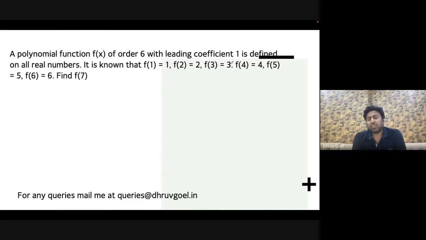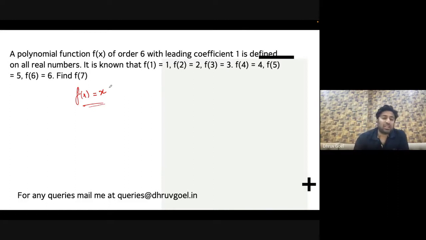Here I can see whatever value of variable I'm putting in, that is what my f(x) is coming out to be. Yes or no? If I say so, I'm getting f(x) equal to x. It doesn't mean that f of 7 will be equal to 7 only, right? But you will get one of the options in the paper as 7.